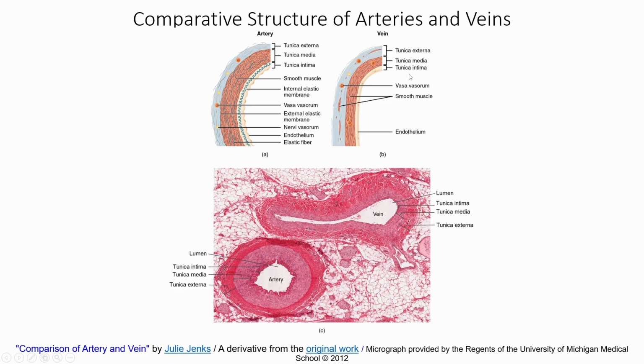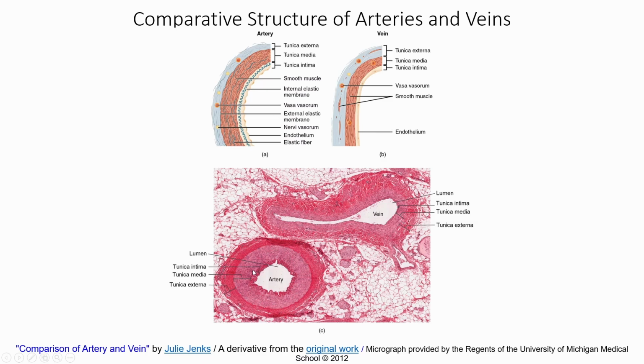When we look at the vein, one, we don't have that internal elastic membrane, right? We are just endothelium. The muscle layer is much narrower, much thinner. And then even the tunica externa is a little bit thinner with a little bit of muscle too. This is what it would look like in the picture, and then down below is what it looks like in real life.